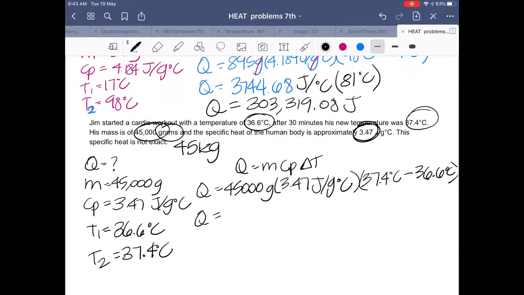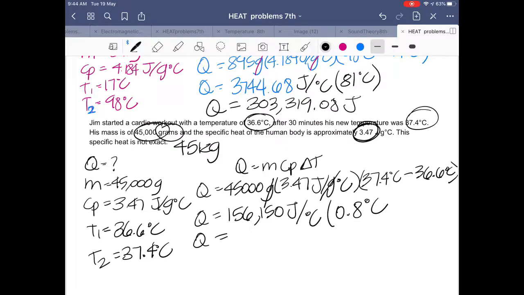Now you start doing it and you multiply 45,000 times 3.47, and it's 156,150. You cancel grams with grams, so you have joules over degrees Celsius times 37.4 minus 36.6, 0.8 degrees Celsius.